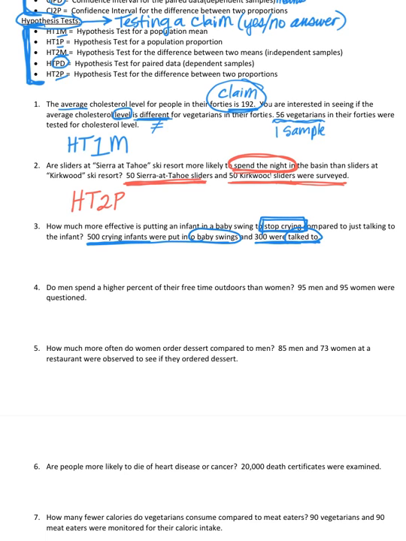So what kind of answer are we going to get from these 500 infants in the swing versus the 300 infants that are talked to? I would be getting the proportion of the 500 who stop crying that are in the baby swings and the proportion of the 300 that were talked to who stop crying.